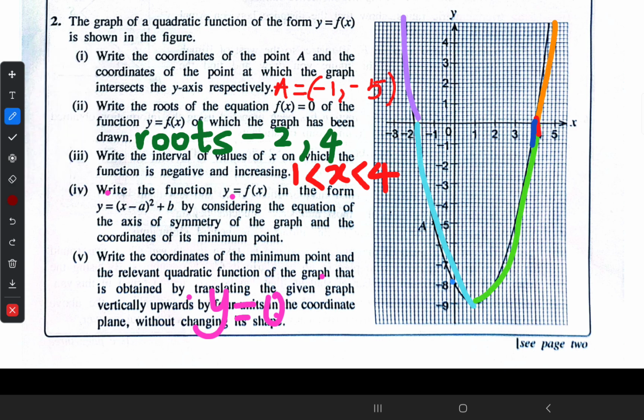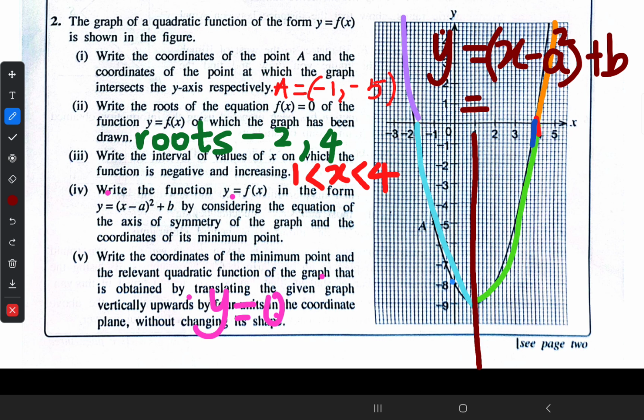y equals (x minus a) whole square plus b. The x minus a is indicating the symmetrical axis, which is going through x equals to 1.